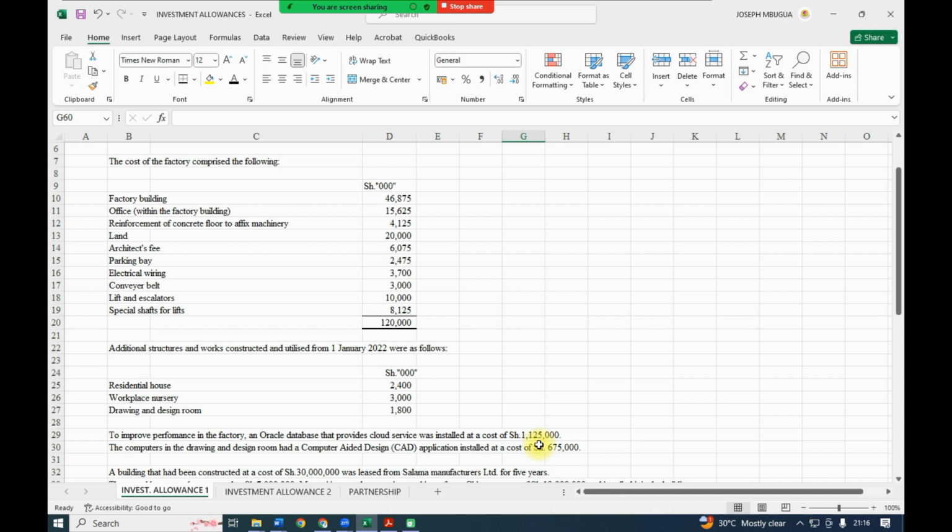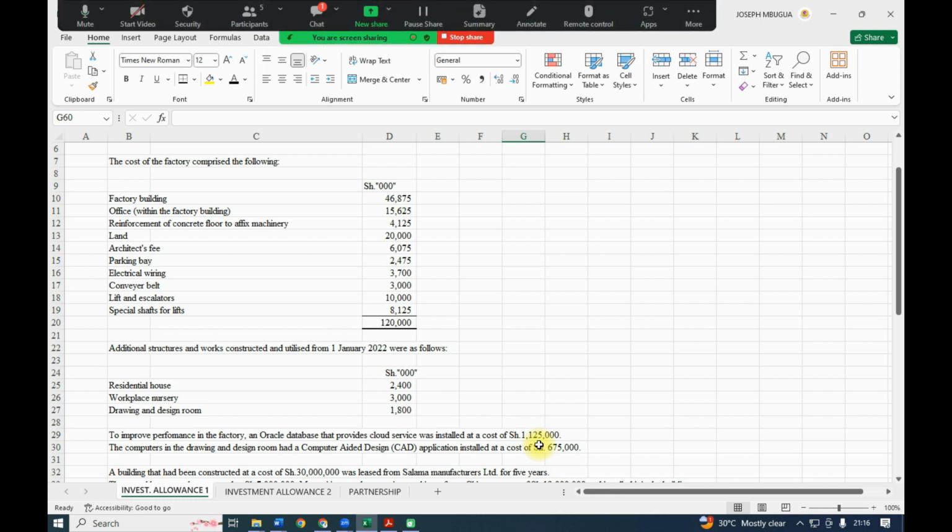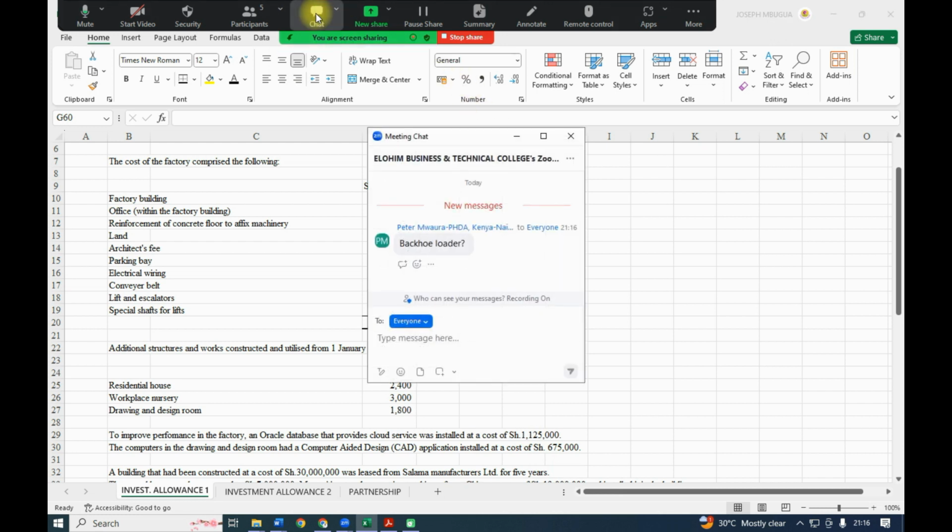So for the wiring, it will qualify for what? Yeah, we shall put it under wear and tear, not under ID. Under wear and tear at 10, because it's not categorically covered or shown.